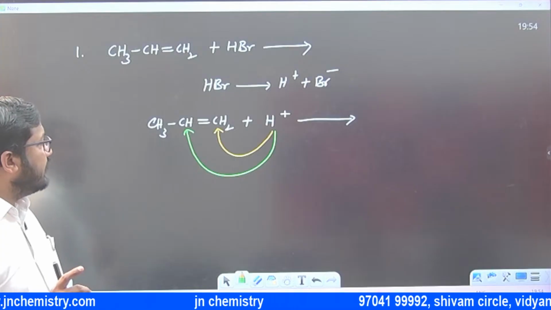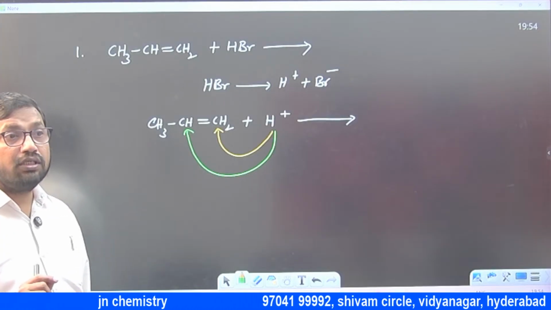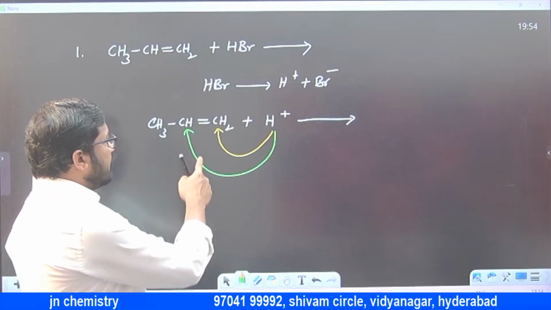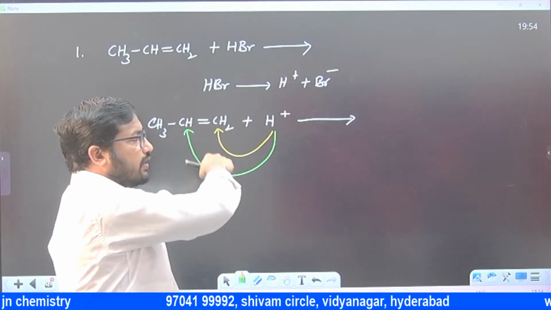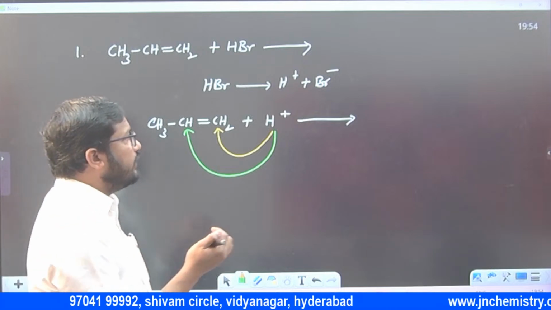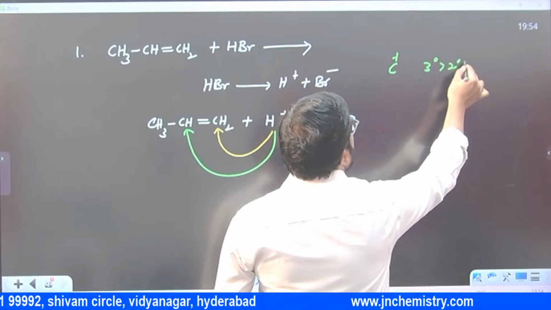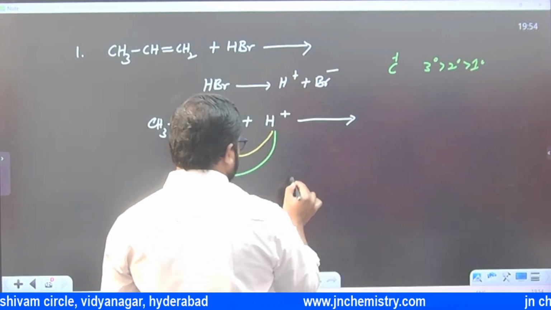So where does it attack, the yellow position or the green position? Yellow. If it is the yellow position, we'll get a 2 degree carbocation. If it is the green position, a 1 degree carbocation. Carbocation stability we know: 3 degree, then 2 degree, then 1 degree, right?